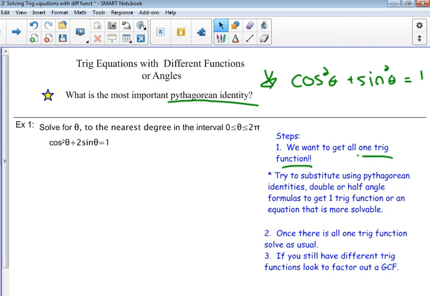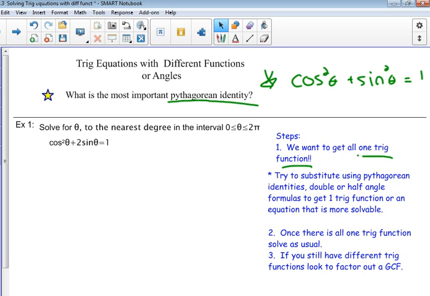One way is to use the Pythagorean identity as a substitution. You may also have double angles that show up, where we have to use that formula sheet from last chapter. If there's no way to get one trig function, you probably have to factor out a GCF. So these are all the different methods that you're going to see.